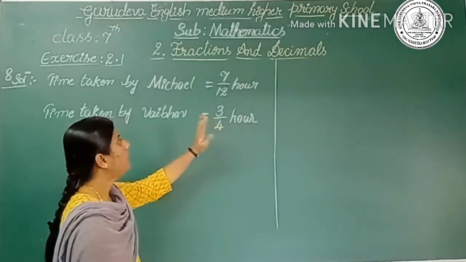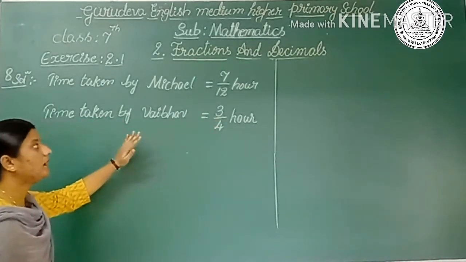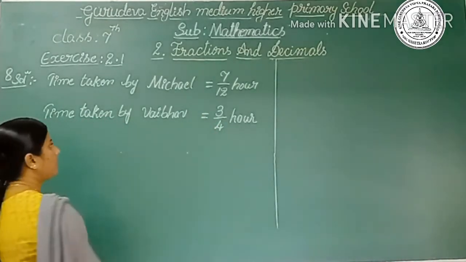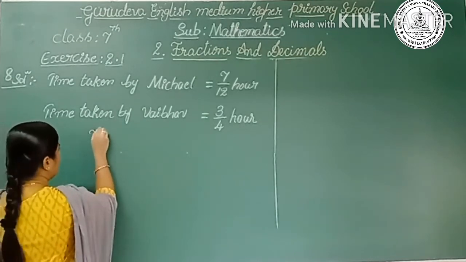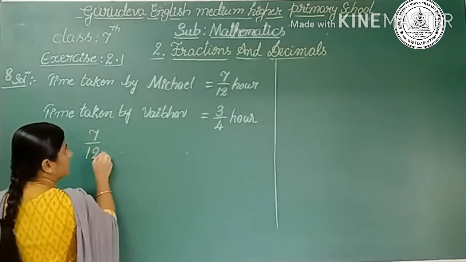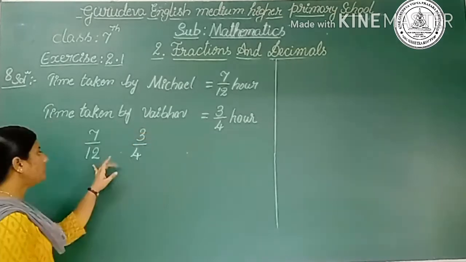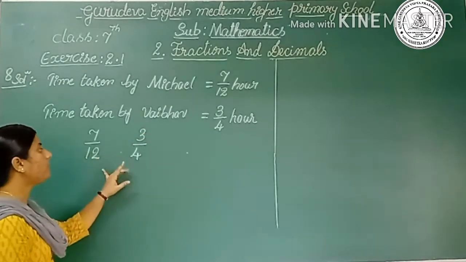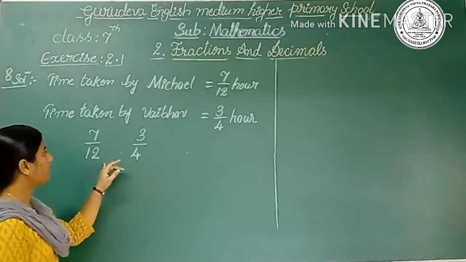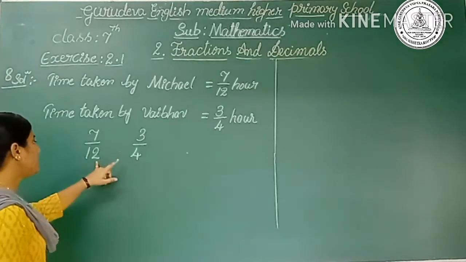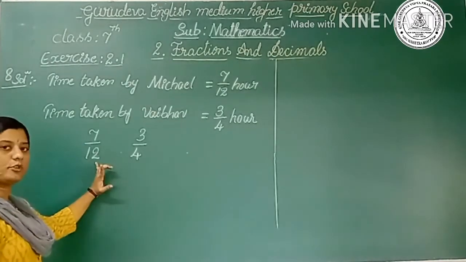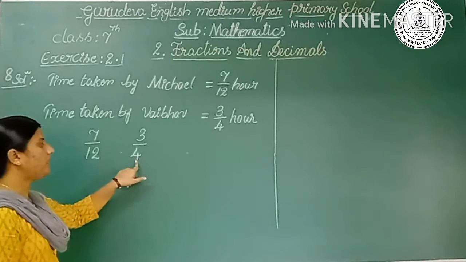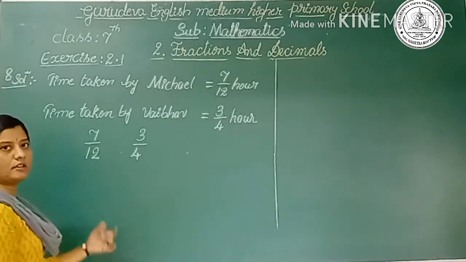So can you compare who has taken more time? Okay. So compare here, 7 by 12 and 3 by 4 are unlike fractions. So convert them into like fractions by taking the LCM. What is the LCM of 4 and 12? So we observe here 12 is a multiple of 4. So the LCM is 12.